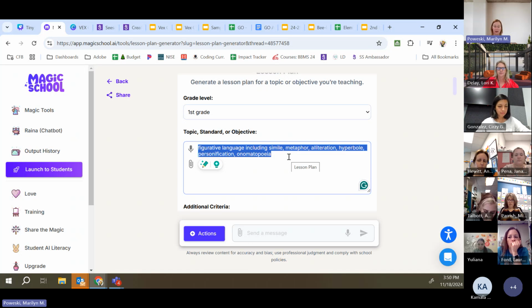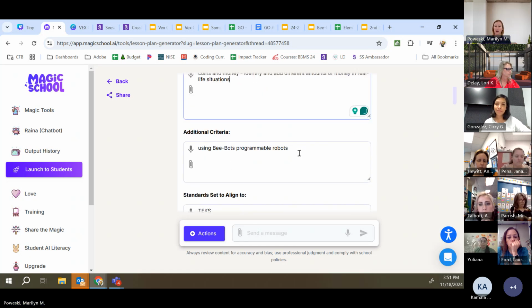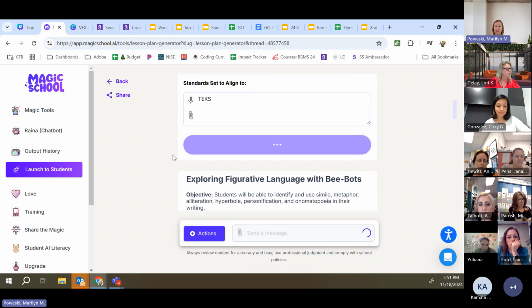So coins and money, real life situations. Okay, with money. All right, so coins and money, identify and add different amounts of money in real life situations. Yes. All right, let's see what it comes up with.